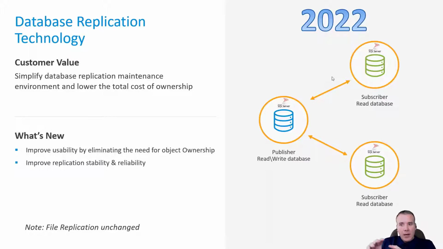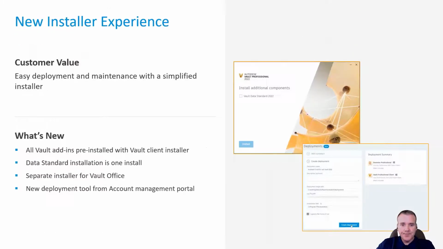And so for those of you that do replication with 2022, you are going to need to rebuild your subscribers. But we had really started doing that anyway across upgrades. And so I don't think there's going to be a big impact in terms of overall infrastructure. But I think there's going to be a big, positive impact in terms of stability and reliability, and the user experience, no longer shuffling ownership. So I think this is a fantastic change for replication.